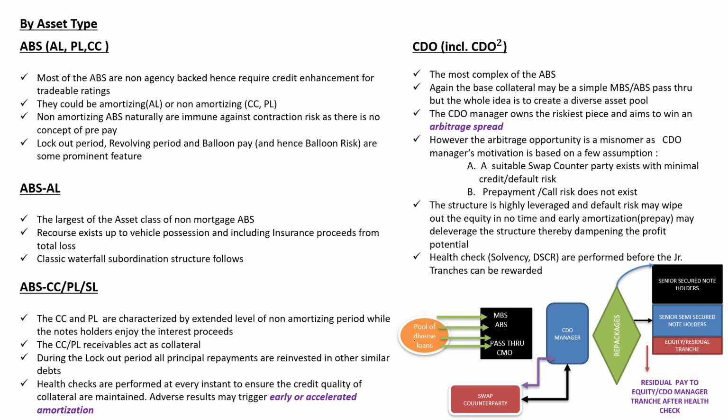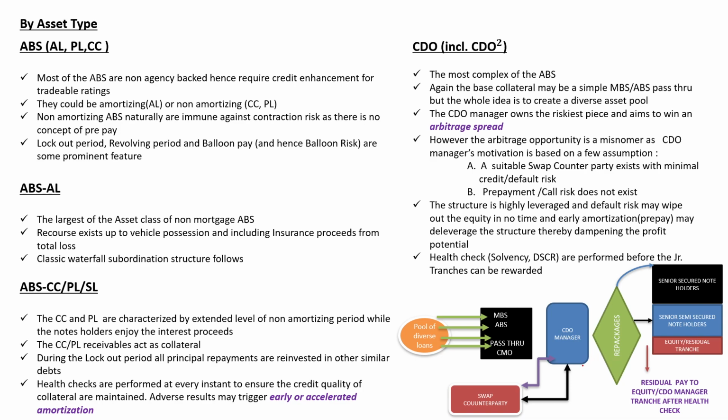To begin with, these are the pool of diverse loans, and that could range from MBS to other pass-through securities, which form the basic collaterals and the basic assets backing the CDOs. The CDO manager repackages these notes and then redistributes them according to the risk appetite of different classes of investors into senior secured notes, senior semi-secured notes, and the equity tranche.